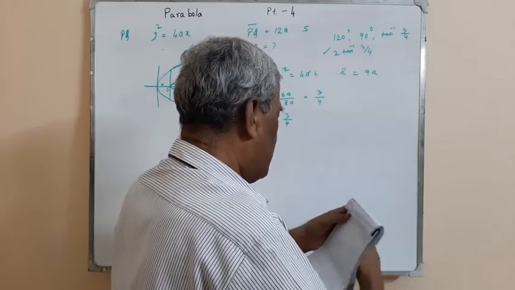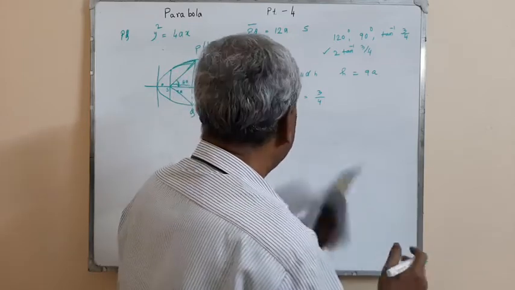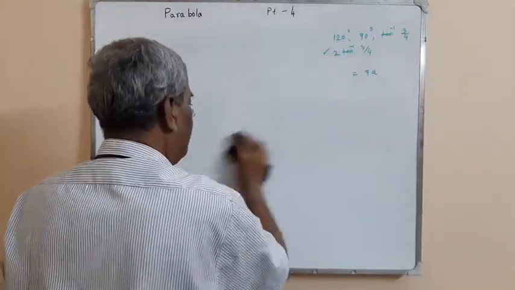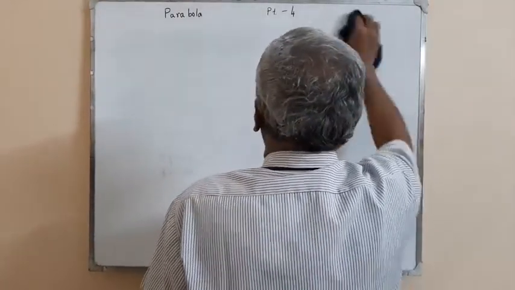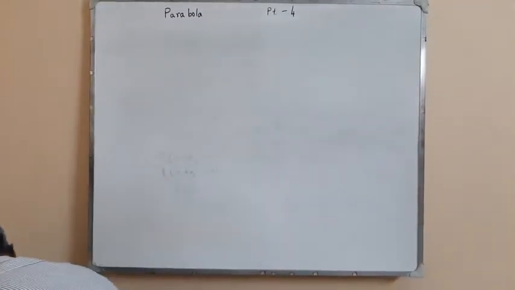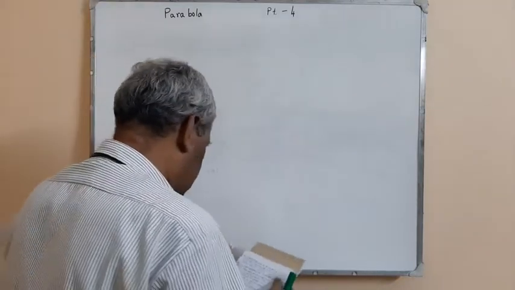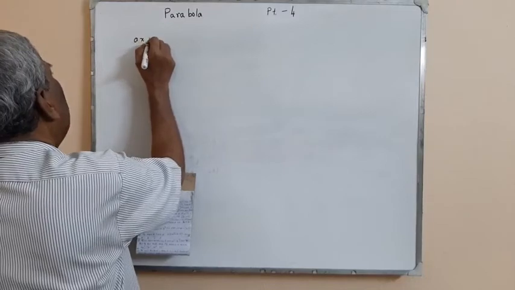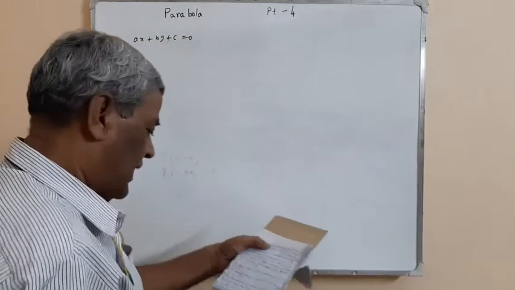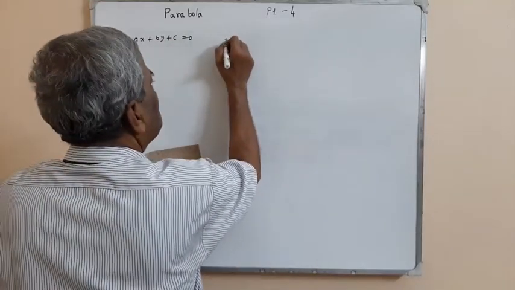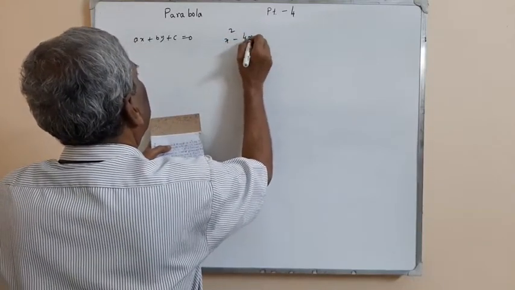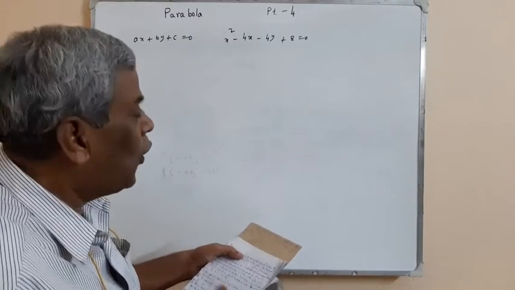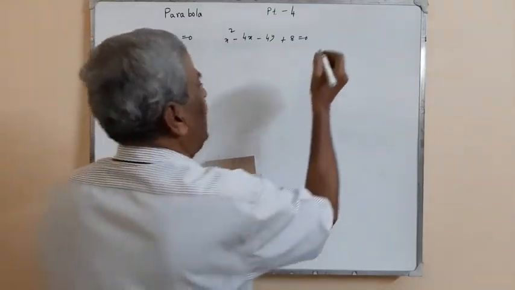Now take the next problem. The value of b so that ax plus by plus c is equal to 0 will meet x square minus 4x minus 4y plus 8 is equal to 0 for all values of a and c only at one point.